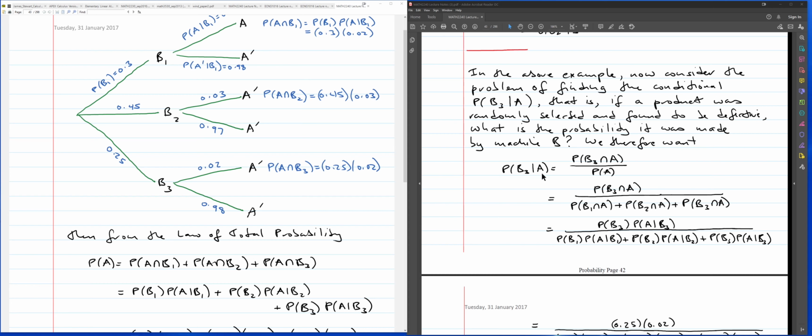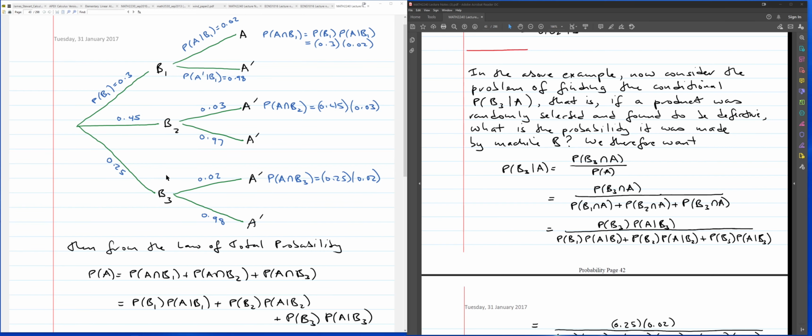Now probability B3 given A is a conditional probability. I can use my definition of a conditional probability to work it out. Notice on the bottom I have probability of A, and we already know what probability of A is. We worked that out already.